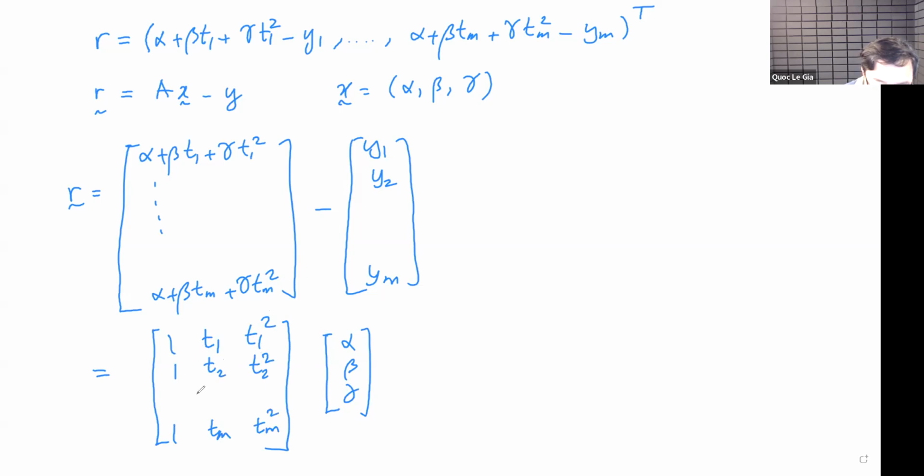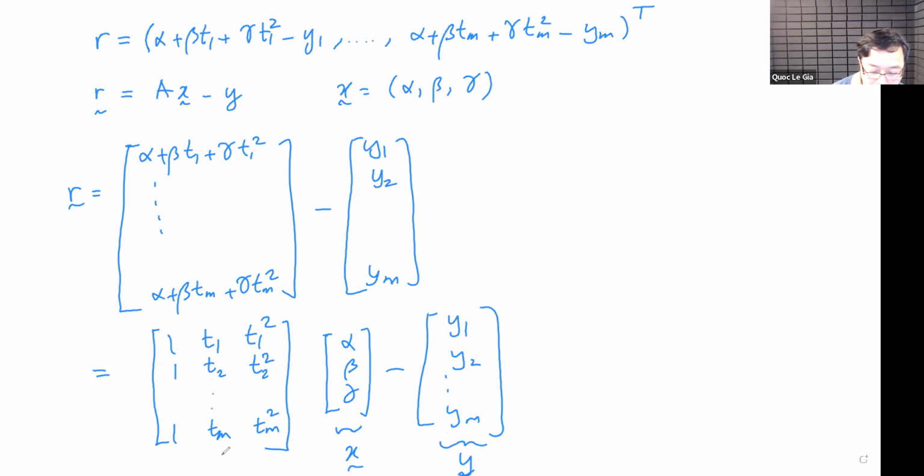So this is the coefficient matrix A times the vector x, minus the vector y. That is how I got the coefficient matrix.